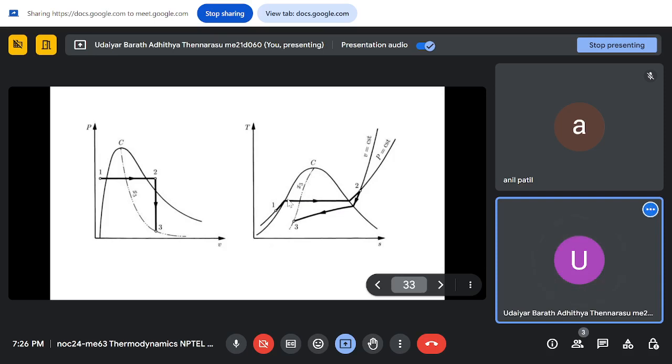So at constant temperature, and then again temperature increases to state 2. This is how process 1 to 2 will look. Then you come back to the two-phase region, cooling in a constant volume process. This is a constant volume line, and X3 is your quality again, which is state 3, corresponding to pressure of 2 bar. So 2 to 3 is your constant volume process. This is how it will look in a TS diagram.